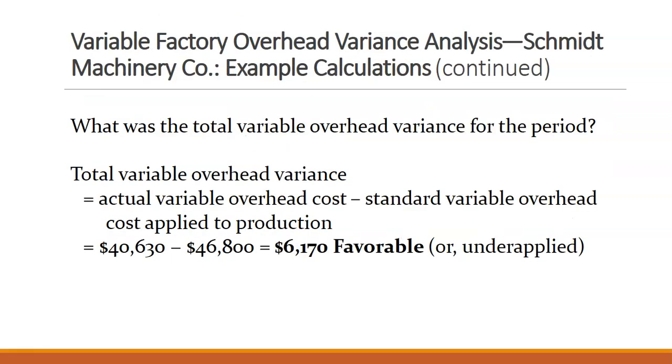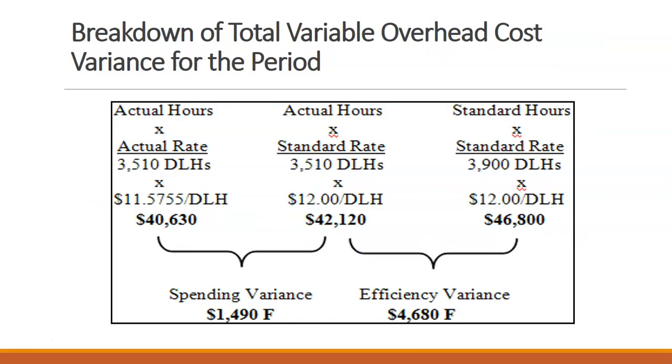So what was our overhead variance for the period? Well, our actual overhead cost minus the standard variable overhead cost applied to production at our overhead rate. We have a variable variance, a favorable variance, or we under applied overhead.